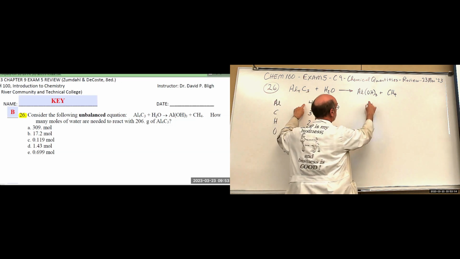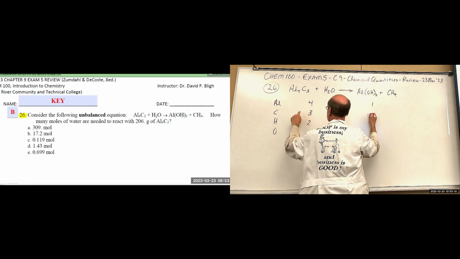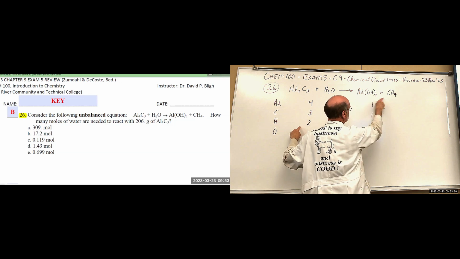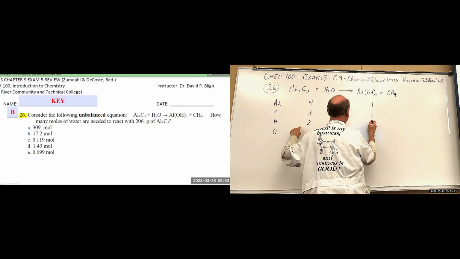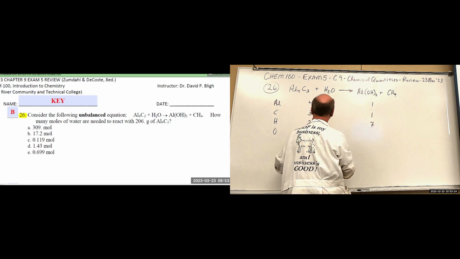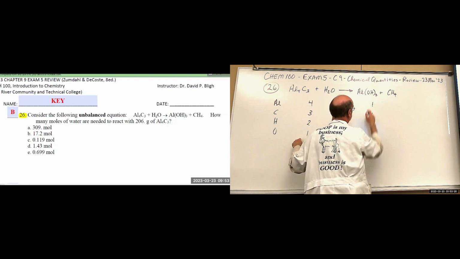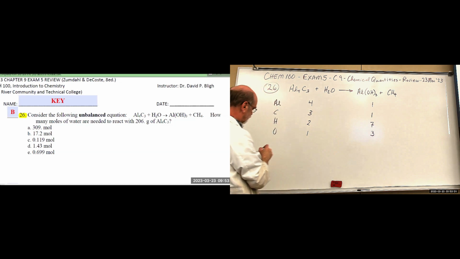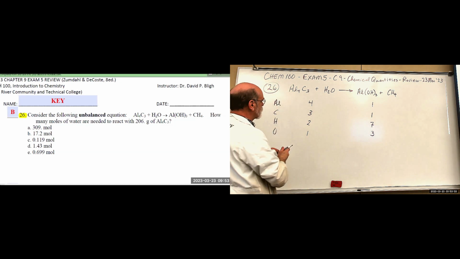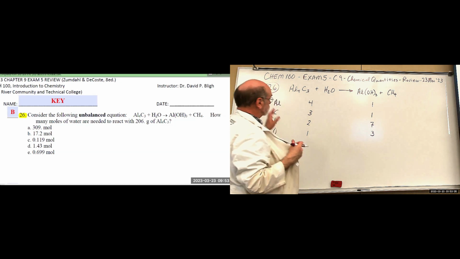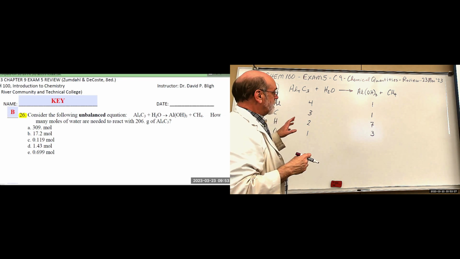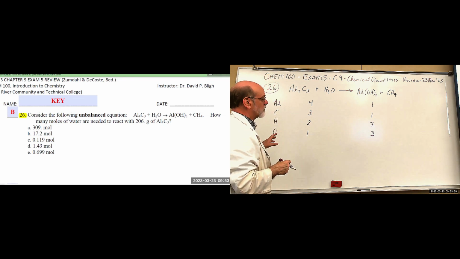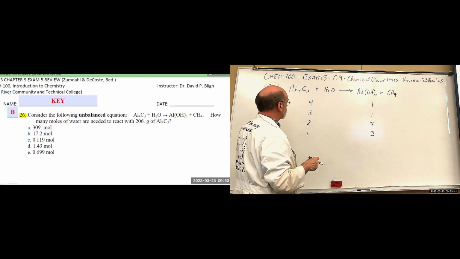On this side, we have 1 aluminum, 1 carbon, 4 plus 3 is 7 hydrogens, and 3 oxygens. Okay. All right, where do we start? Well, we don't have any simple elements, so we can't hold those in reserve.